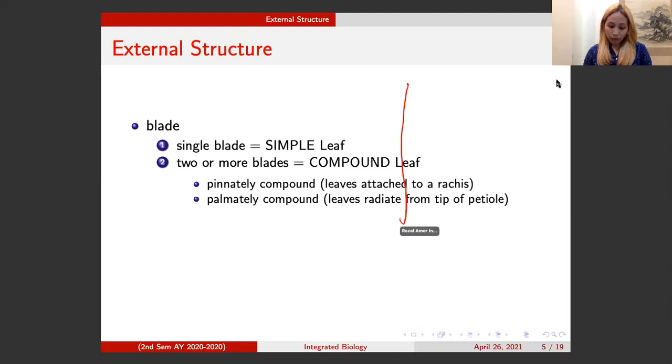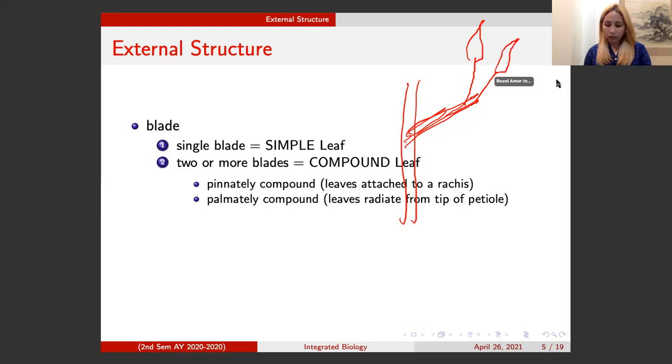So if, for example, this is your stem and this is your petiole, instead of having a rachis growing over the petiole like that, the leaflets are actually connected here at the tip of the petiole. So we call these types of leaves palmately compound leaf.